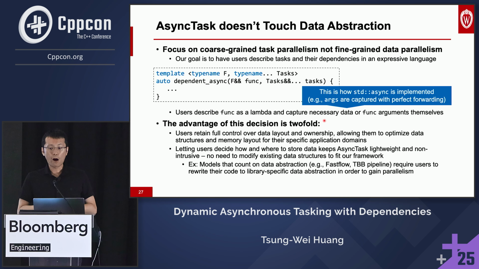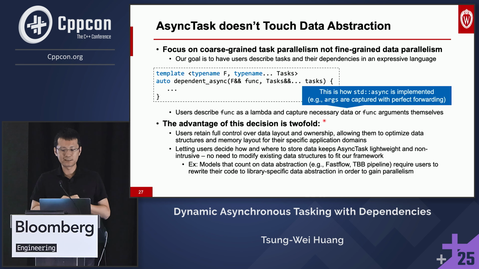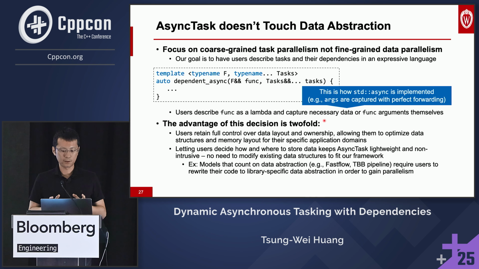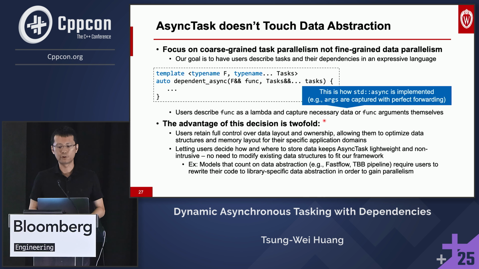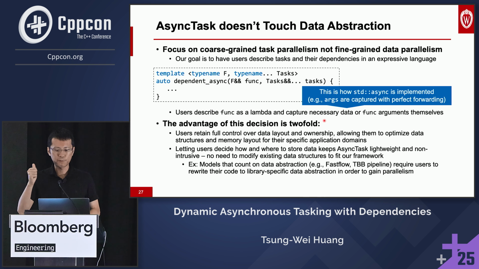As you can see from our programming model, AsyncTask does not touch data abstraction. This is a very important decision that we have made based on years of application experience, especially during the early stage design of AsyncTask.